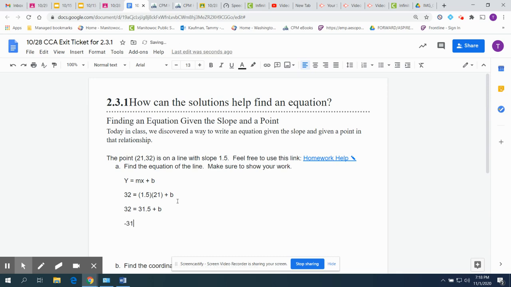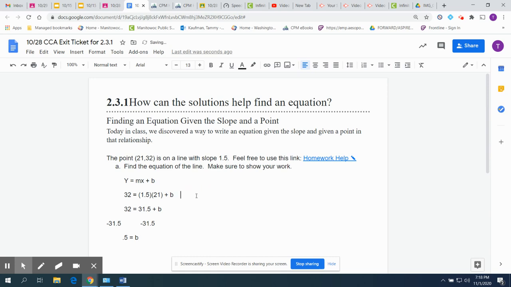So minus 31.5 on this side, and on this side, minus 31.5. This is our solving equations that you should be comfortable with. Okay. And I'm going to get 0.5 is equal to b. So that's the way that you can use your equation.